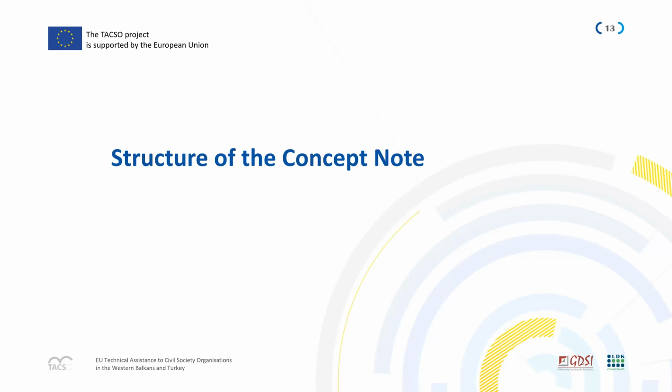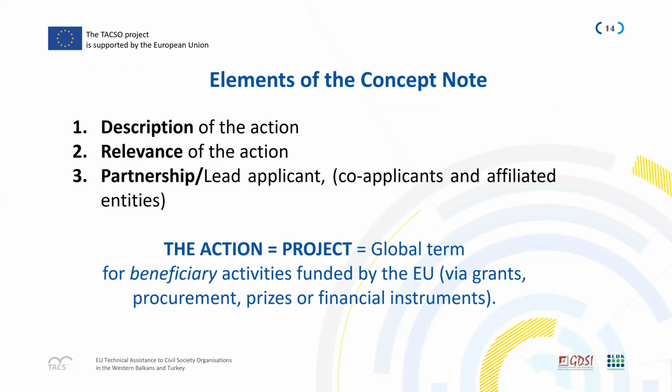So I will now, after this introduction, transfer into the structure of the concept note. I see you are quiet and probably you are patient and waiting on direct inputs concerning the actual filling of the application form and what is required in the application form for the concept note.